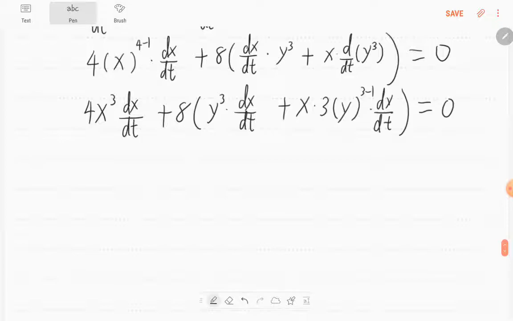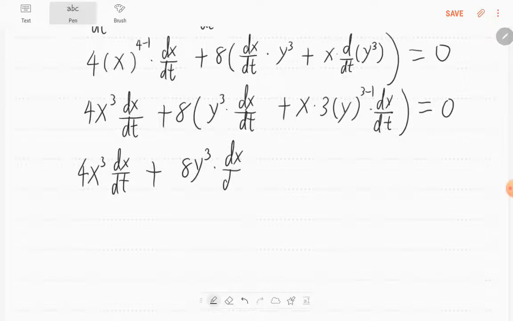Then we expand out. You will have 4x cubed dx over dt plus 8y cubed times dx over dt plus 24x times y squared dy over dt equals 0.